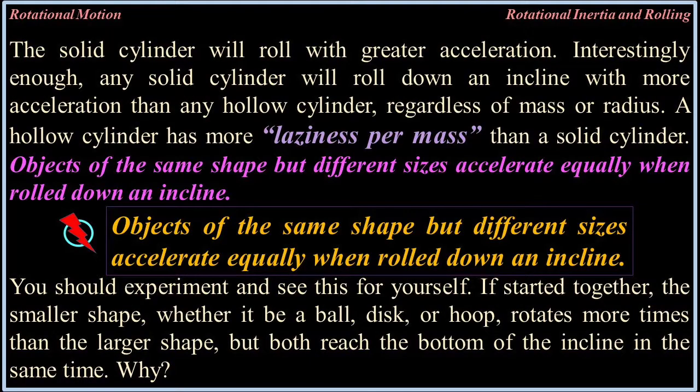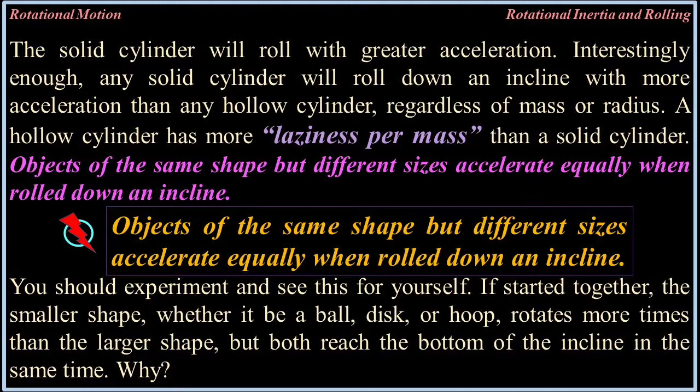The solid cylinder will roll with greater acceleration. Interestingly enough, any solid cylinder will roll down an incline with more acceleration than any hollow cylinder, regardless of mass or radius. A hollow cylinder has more laziness per mass than a solid cylinder. Objects of the same shape but different sizes accelerate equally when rolled down an incline.